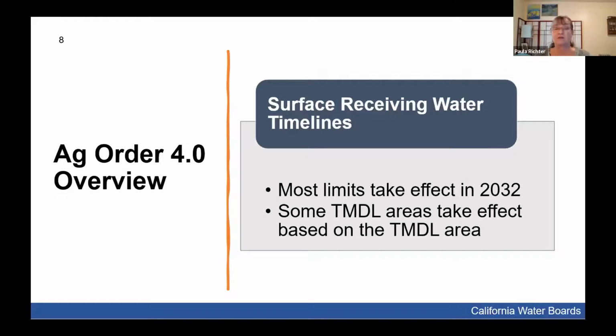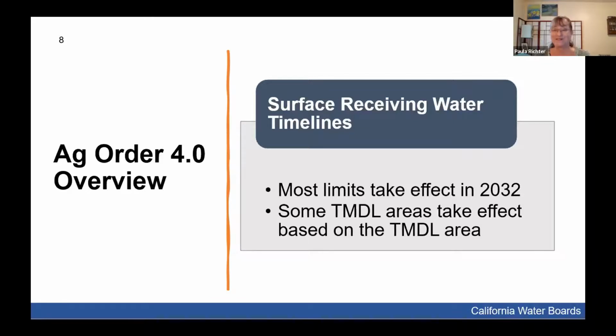And just as a side note, for those of you that are unfamiliar with TMDLs, they are total maximum daily loads, and they're established for water bodies impaired for a particular pollutant. So a TMDL is the maximum amount of a pollutant a water body can assimilate and still attain water quality standards.